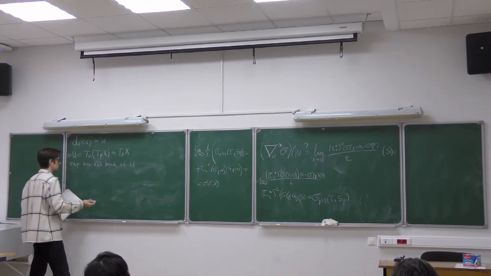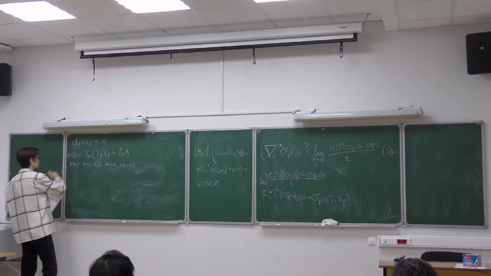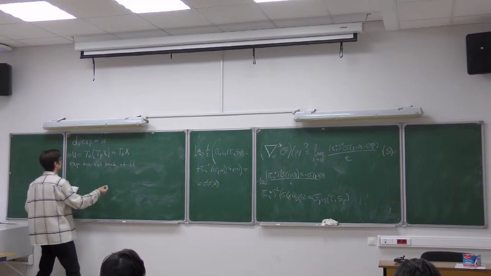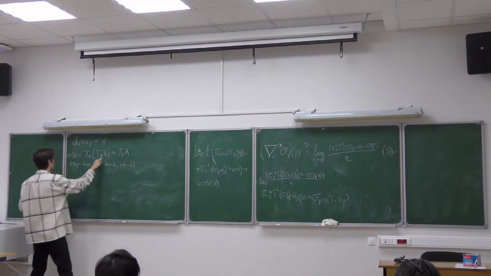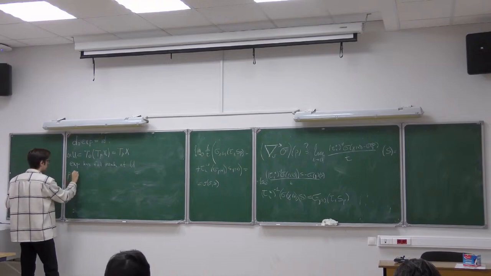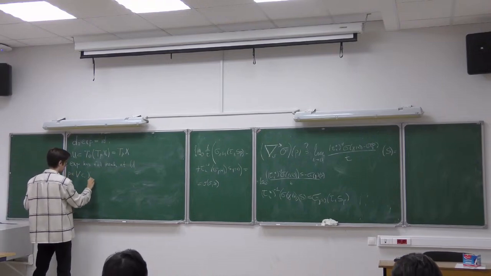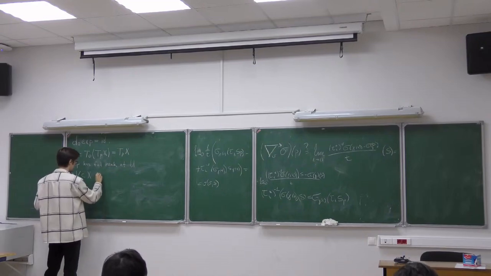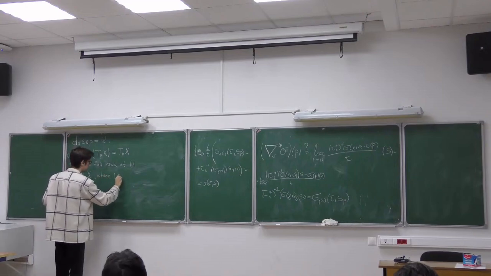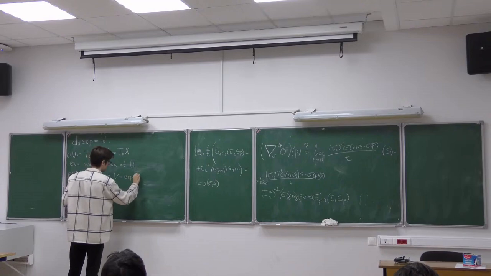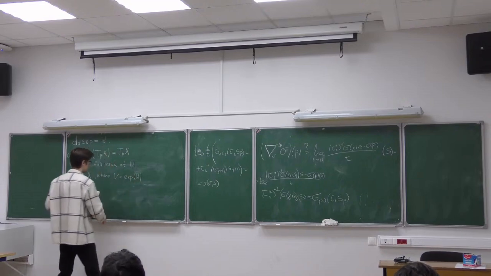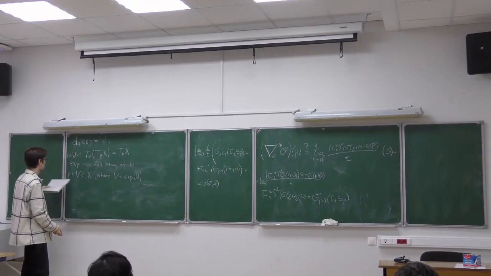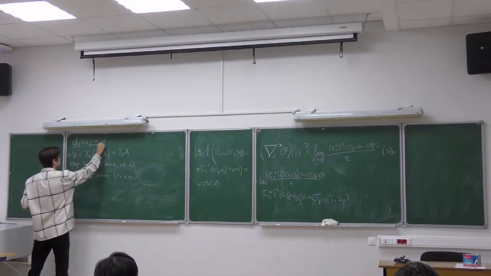So it identifies a neighborhood of 0 with a neighborhood of the point P, where the exponent of P is... So we have diffeomorphisms of a neighborhood of 0 and a neighborhood of P. Okay. So we need to prove this.